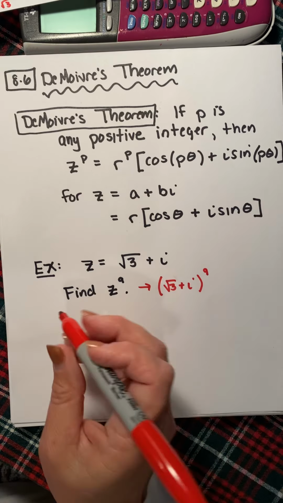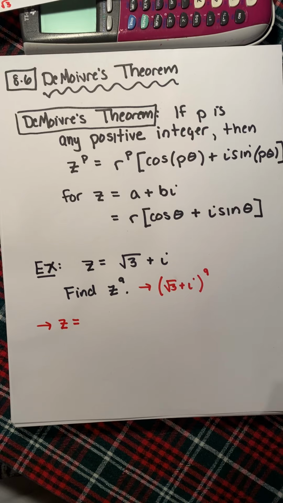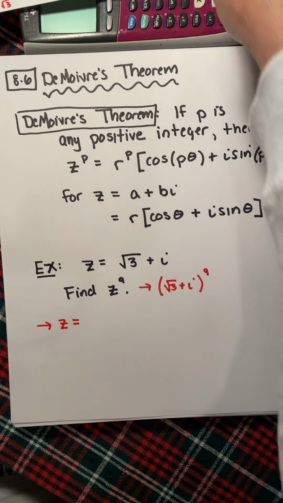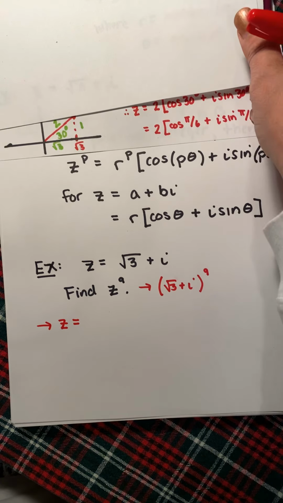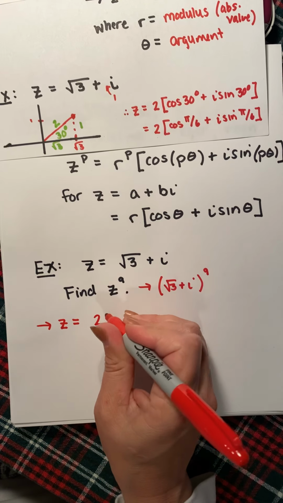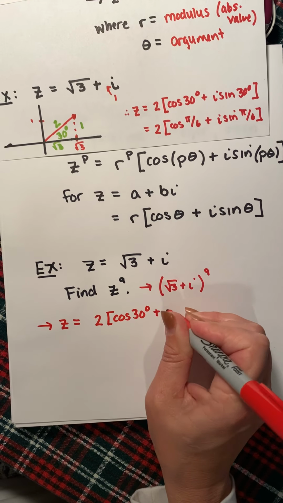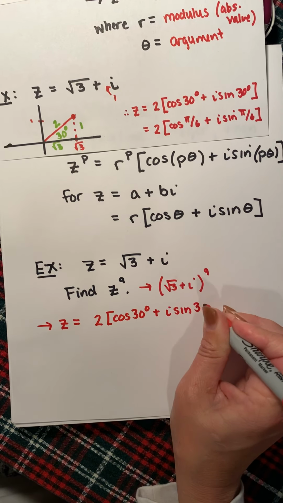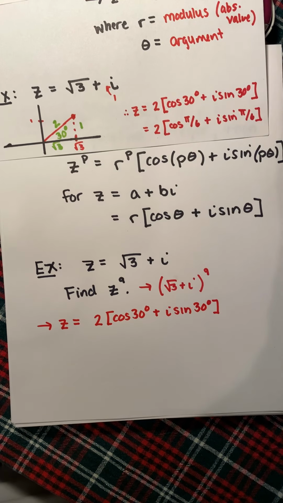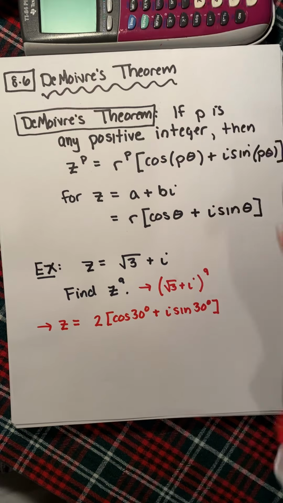The first thing you have to do, though, is write z in its equivalent trigonometric form. Well, we just did that on the first page here. So square root of 3 plus i can be written as 2 times the cosine of 30 degrees plus i sine 30 degrees. And you can do this in radians or degrees, whatever suits your fancy.